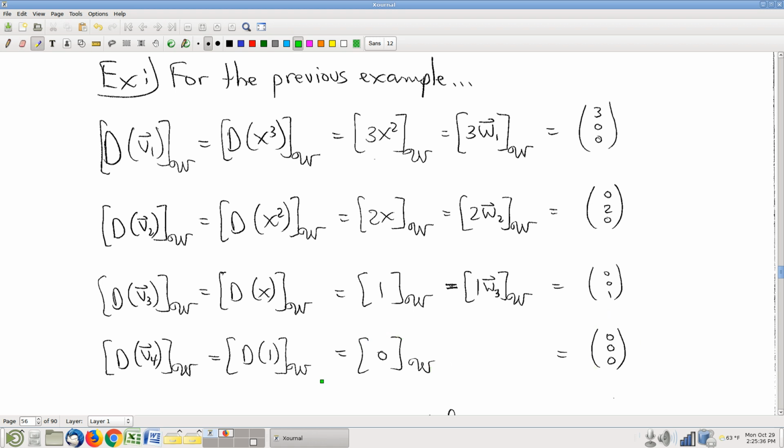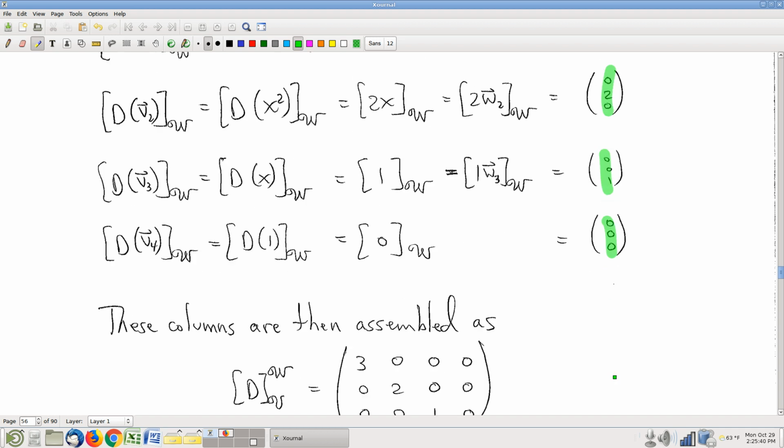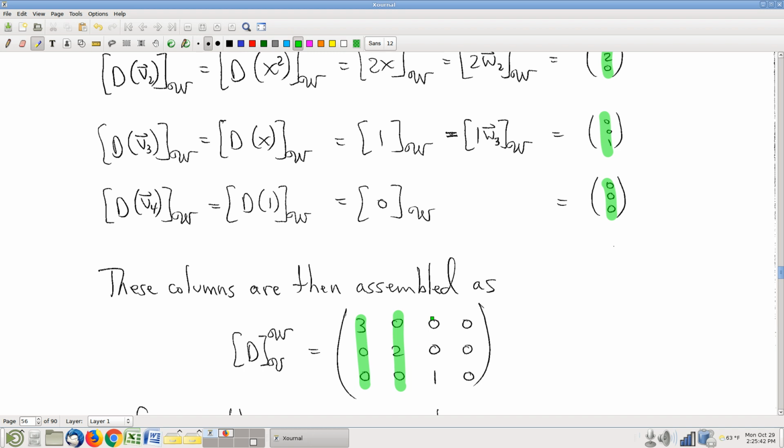All right, and notice these 4 columns. Those are exactly the 4 columns of the matrix that I pulled out of a hat when we saw this example the first time around previously. Yep. So, will this generalize to polynomials? This is for any linear transformation from any domain with a finite basis to any target with a finite basis.